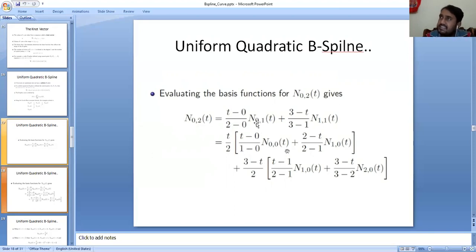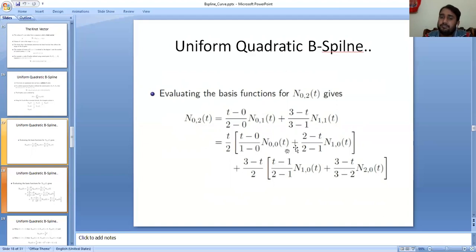So t minus ti is equal to t minus 0 upon ti+j, i is 0 and j is 1. So what will be here? Here will be 1 minus 0 into N(i, j minus 1), and i is 0 and j minus 1 is 0.